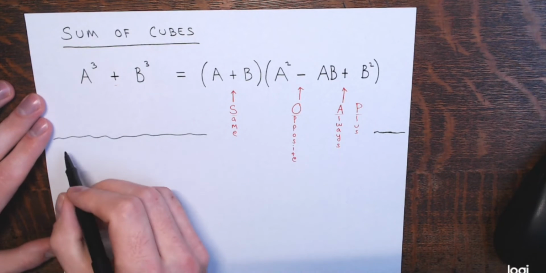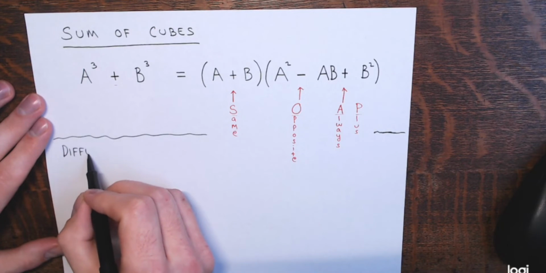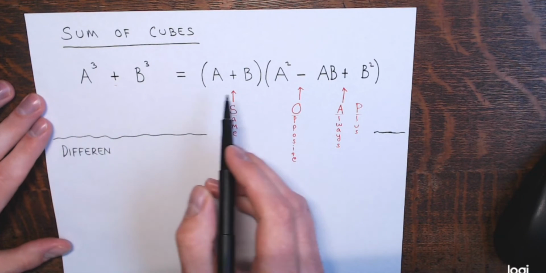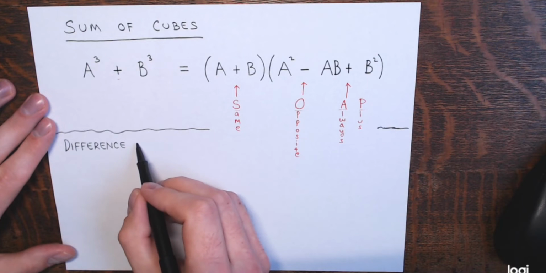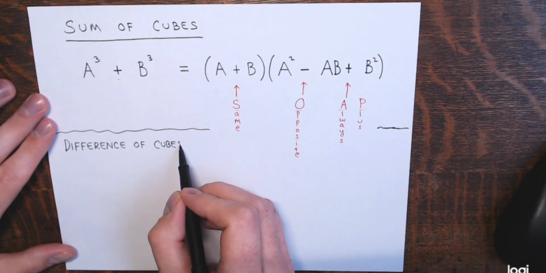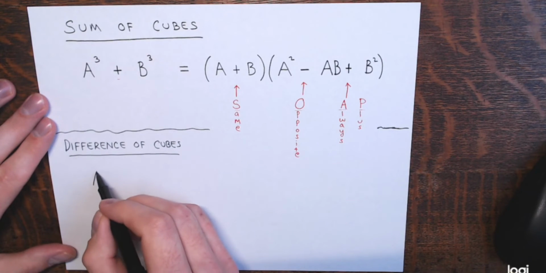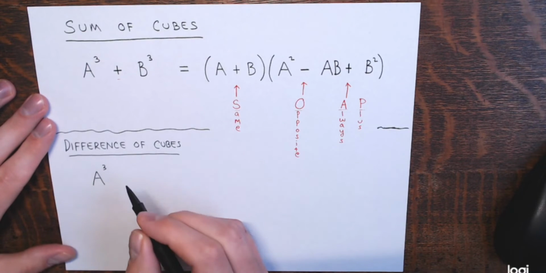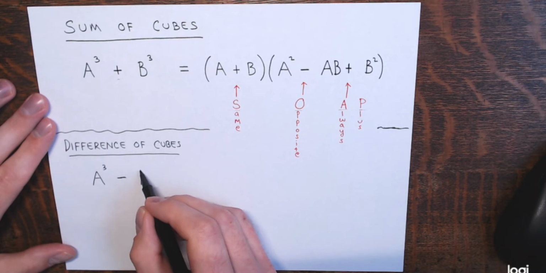And then you'll see that a difference of cubes is very, very similar. The only thing that changes are some signs, some pluses and minuses. So a difference of cubes is another special binomial where you have some expression cubed, minus some expression to the third power.